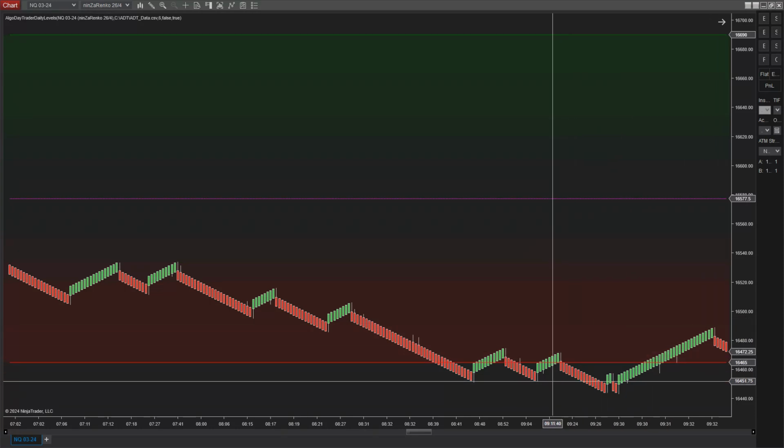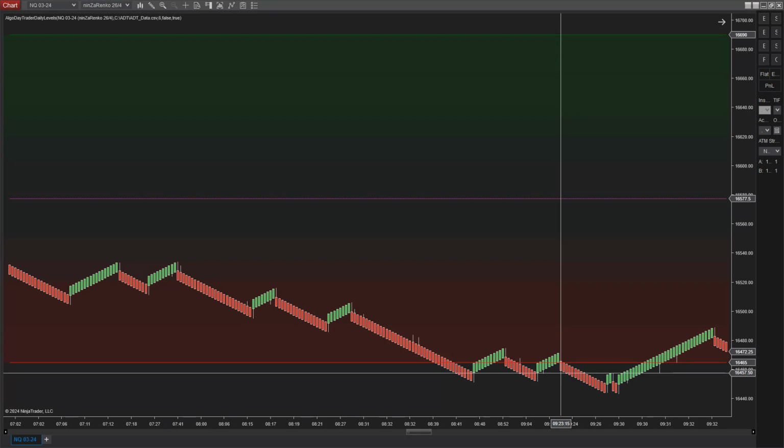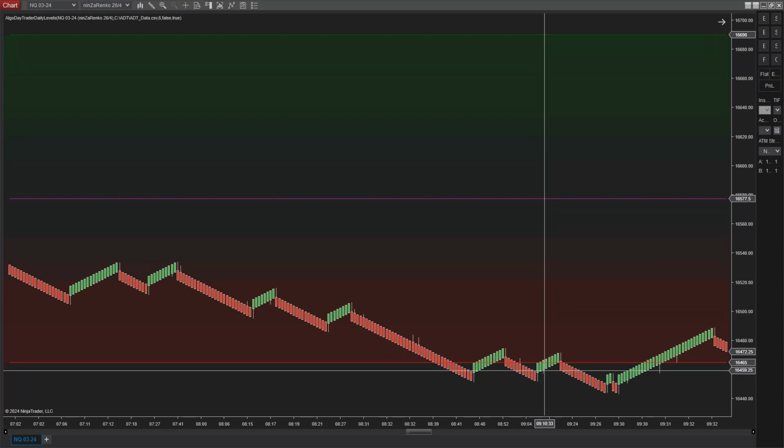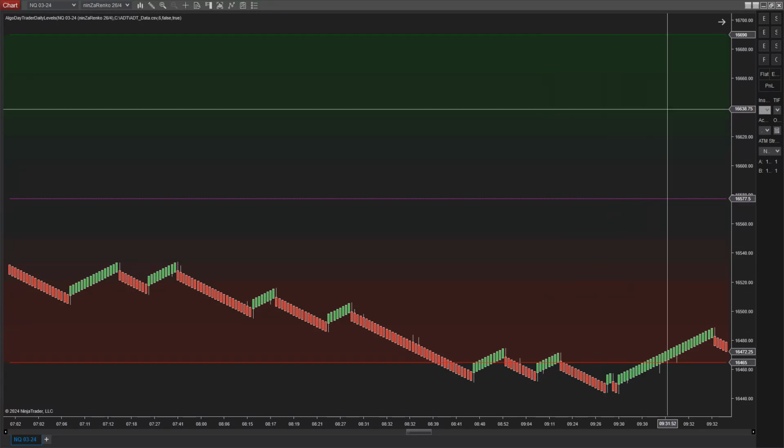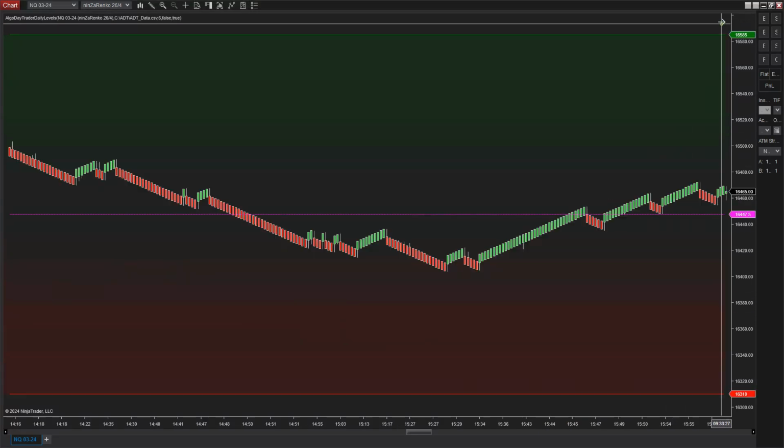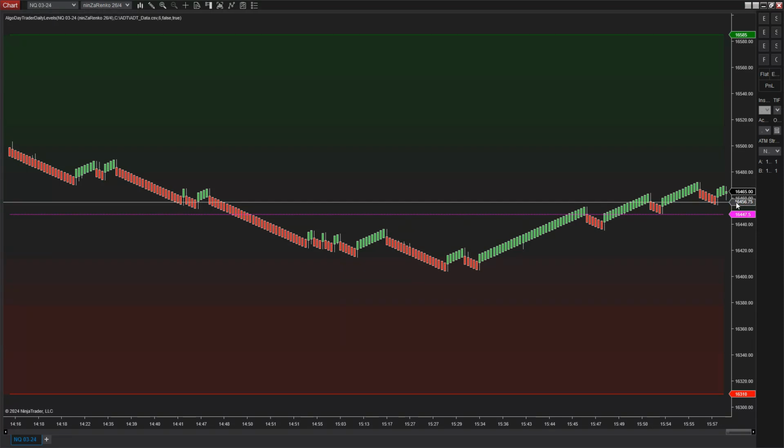The importance of this 465 that I just mentioned. So this was Thursday. I don't know if you noticed what price NASDAQ closed at the following day on Friday. Here is where NASDAQ closed yesterday, Friday: 465. So there are no coincidences here.